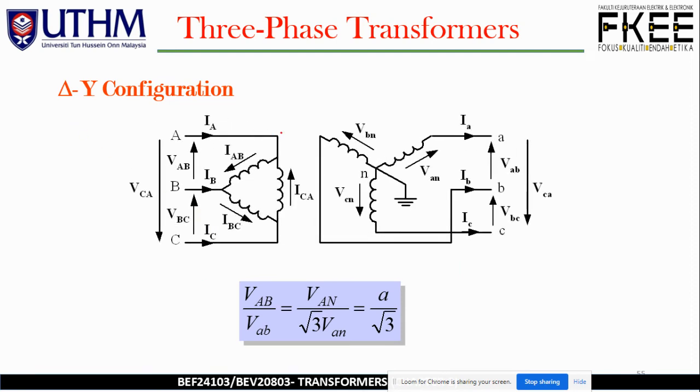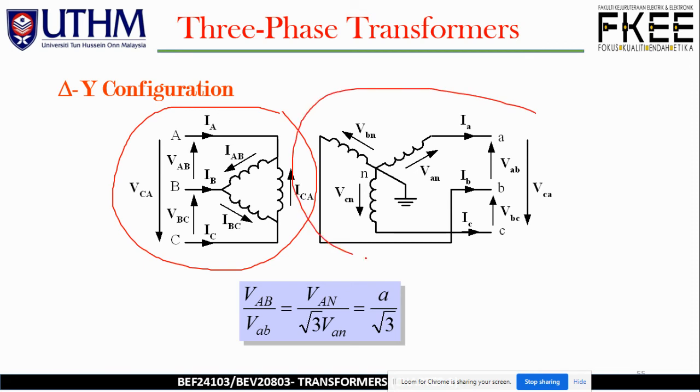So star delta, how does it look like? This is for delta, and this is for star. The star always comes with a common point and grounded, the so-called neutral point. But no for delta. Make sure once you draw or redraw the configuration, there is no end point or common point for delta. So VAB over VAB, this is for the delta configuration over here.